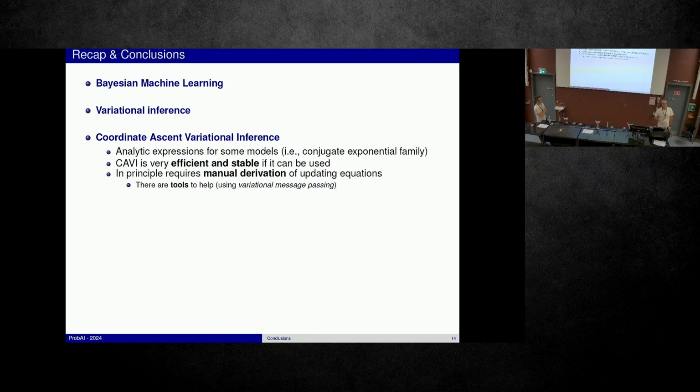We did this manually, so we derived the update equations by hand. There are tools available to do this also automatically within this class of conjugate exponential family distributions. So fairly restricted model class, but very efficient when it works.